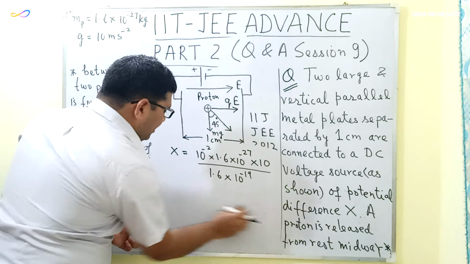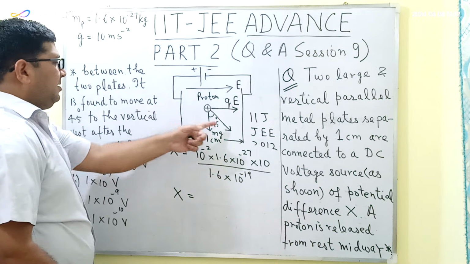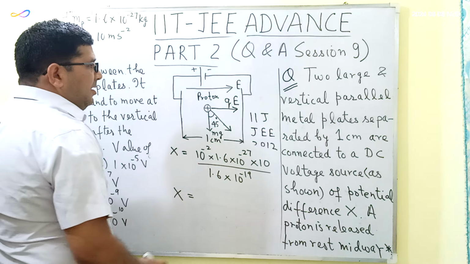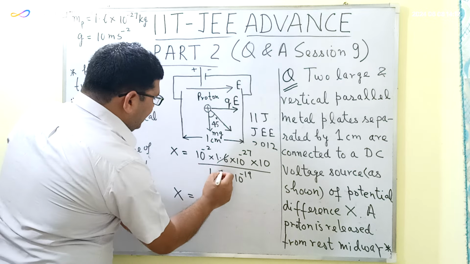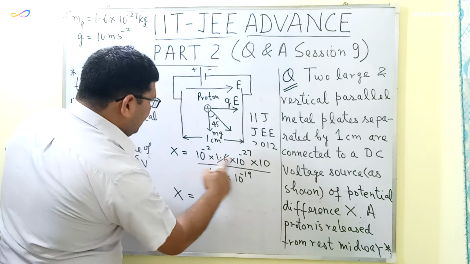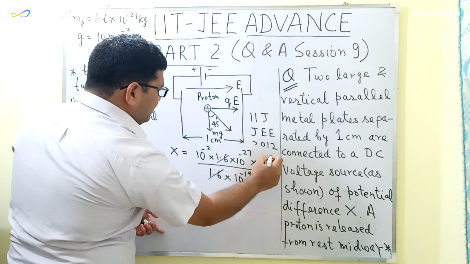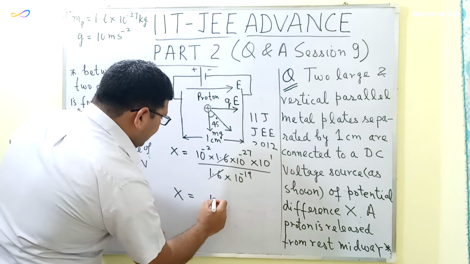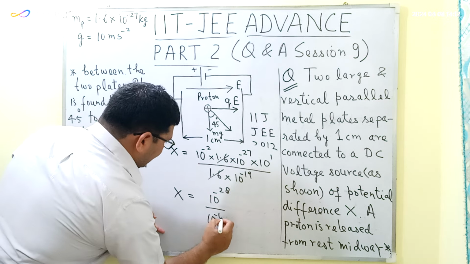So from here, the value of the potential difference across the two vertical parallel metal plates will be equal to, this 1.6 will get cancelled out, and I will be getting this as 10 to the power minus 2 minus 27 plus 1, so this is equal to 10 to the power minus 28, divided by 10 to the power minus 19.